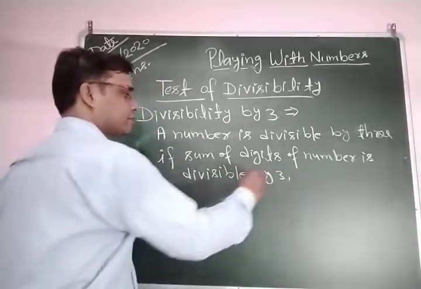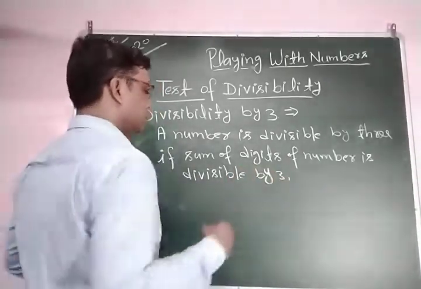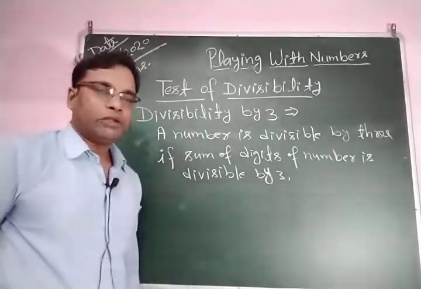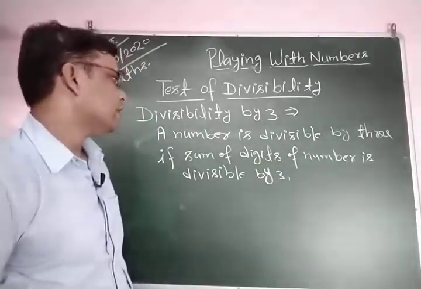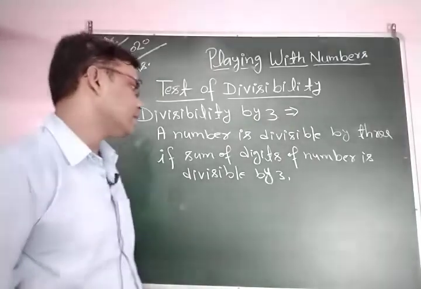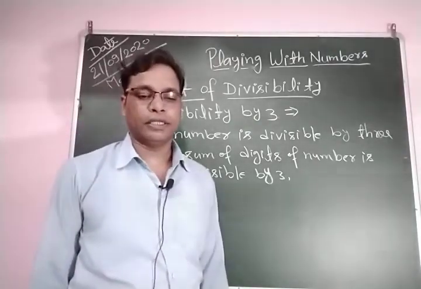Clear? A number is divisible by 3 if the sum of digits of a number is divisible by 3.